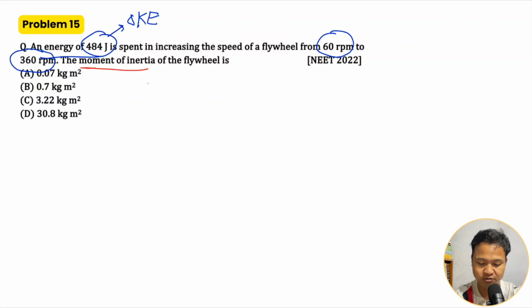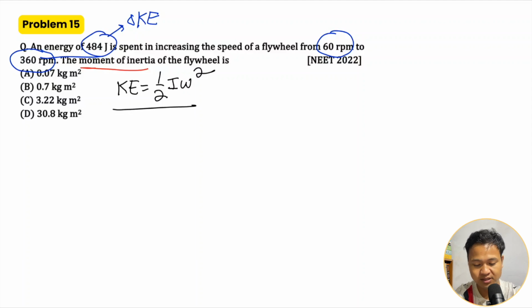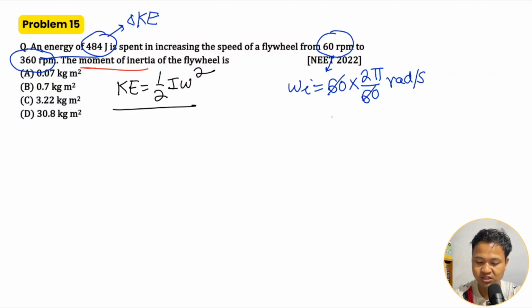Rotational kinetic energy formula is K equals half I omega squared. This is initial omega, which is 60 rpm, so 2 pi by 60 radian per second; the 60 gets cancelled out, so 2 pi radian per second is omega initial.